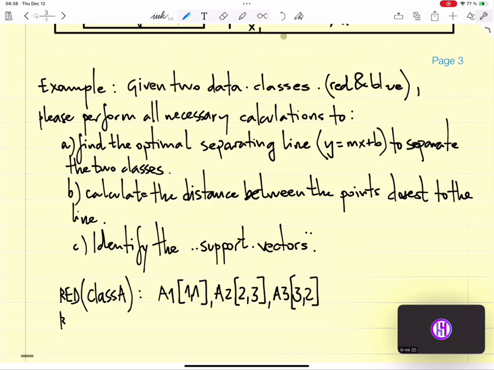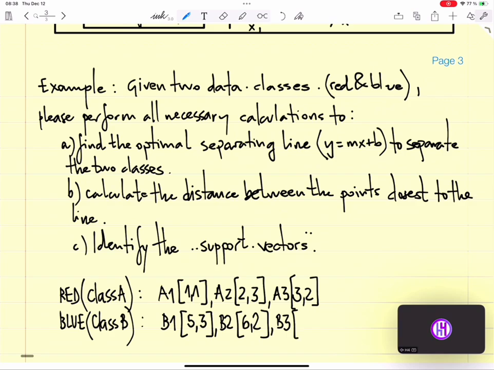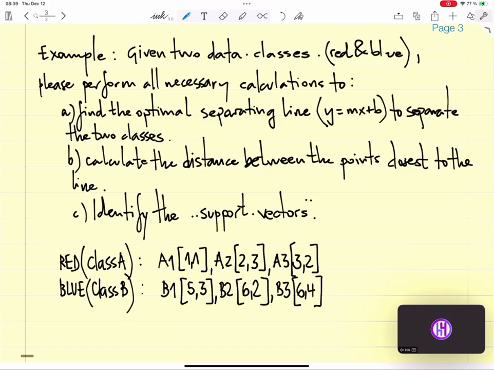And we have our blue data, which is class B, which is B1, 5, 3, B2, 6, 2, B3, 6, 4. All right.